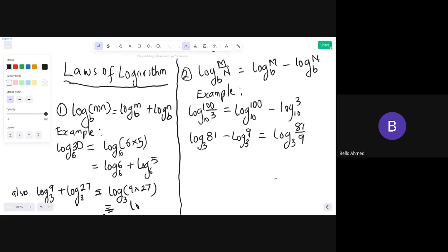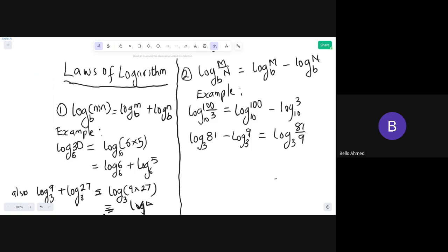So it's going to actually give us logarithm of 243 base 3, because 9 times 27 is actually 243. So we should try to understand that.